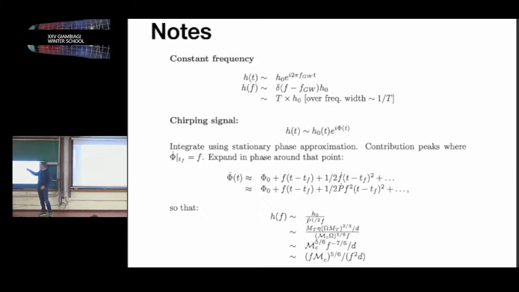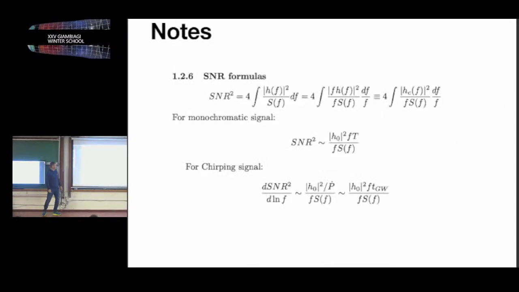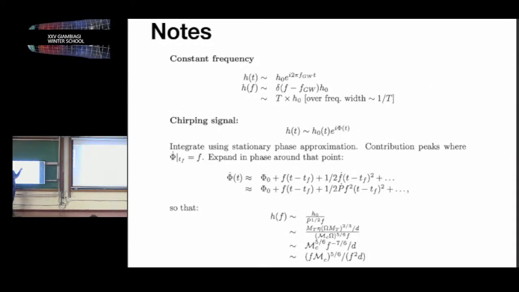For this one, only one frequency contributes, right? While for the other, all of the frequencies contribute. And when you plug in, here there is some sort of delta function in frequency. The width of this delta function is the observing time. So when you plug in delta of 0, you get the observing time.